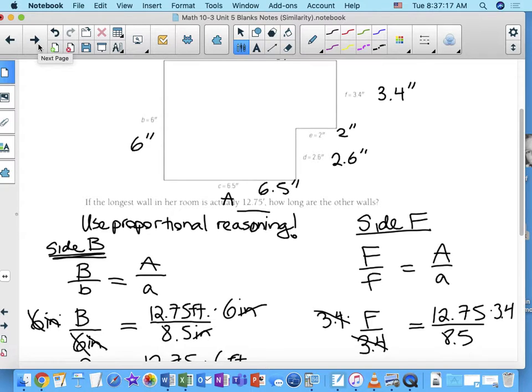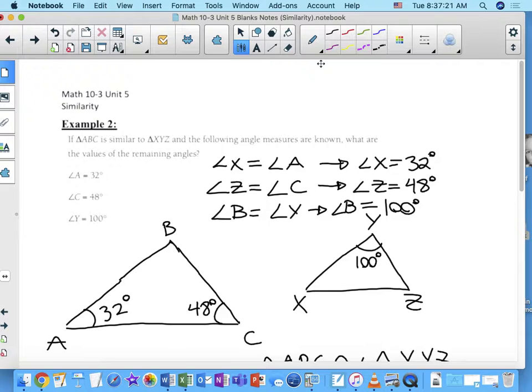And another thing that we knew yesterday was that the angles in similar figures are also equal, the corresponding angles. And so we looked at these similar triangles, and we could tell by the way that these things were named that certain angles had to be equal, right?